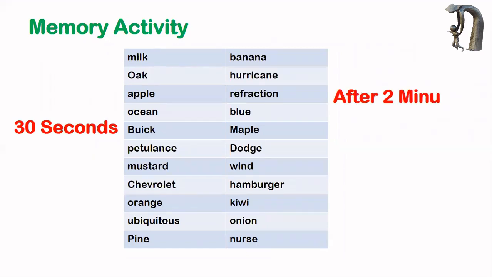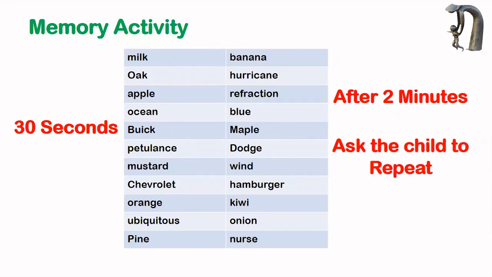Then after 2 minutes, you ask the child to repeat what he has learned, and note how much the child is able to retain. That gap of 2 minutes tells you how his working memory is actually working, and whether the child has retained the information, temporarily or for the long term.